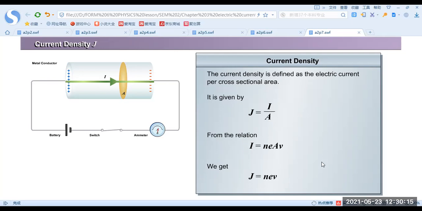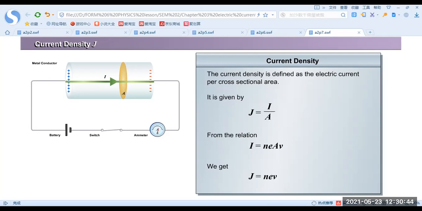That means any drift velocity is slower than the natural speed of the electron. It is never more than 3 times 10 to the power 8 ms negative 1.